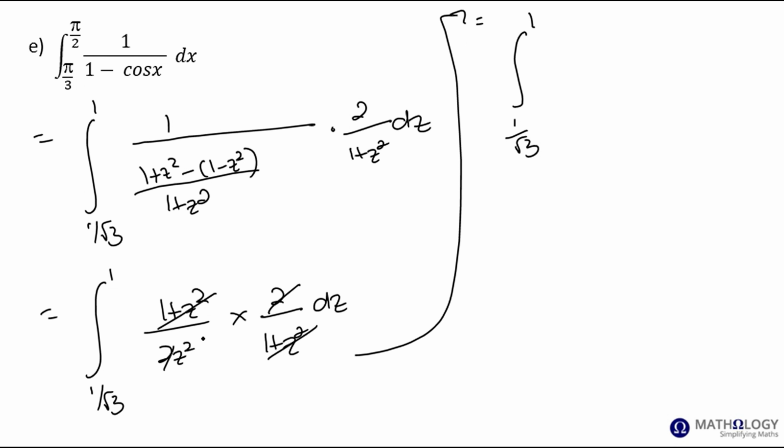And the only thing we have is 1 over z squared dz.